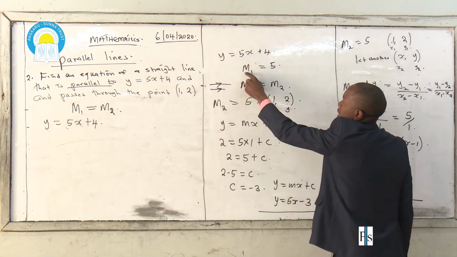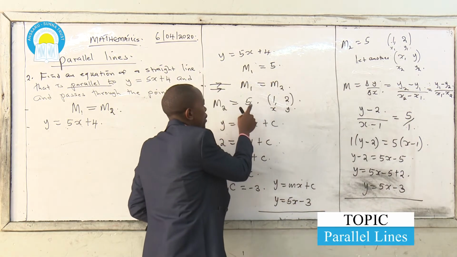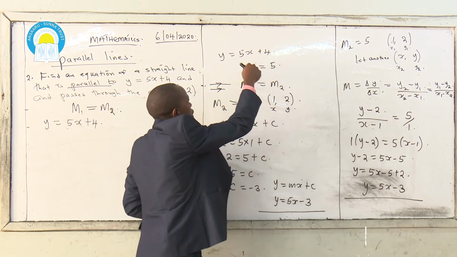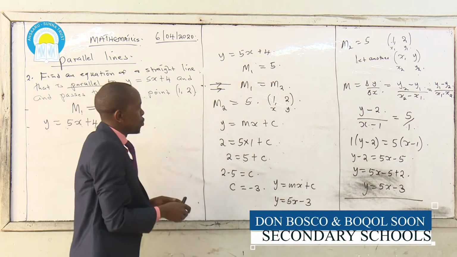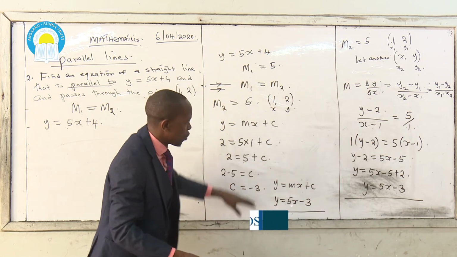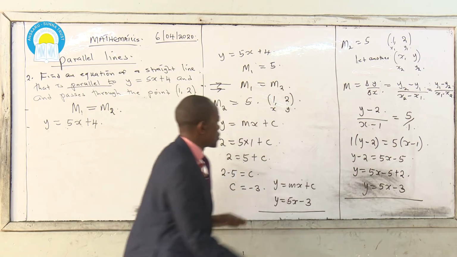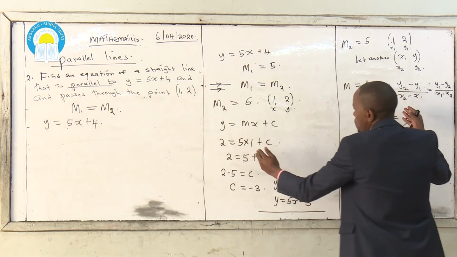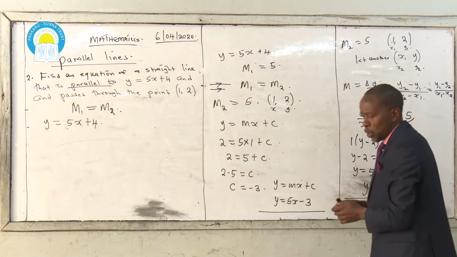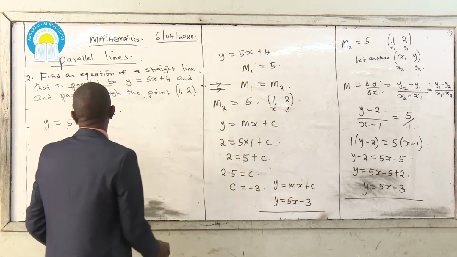Now our gradient 1 is 5. So our gradient 2 becomes positive 5 because they are parallel lines, which have the same gradient. And then you proceed to find the equation given a point and the gradient. In this case, I've given you two methods of finding the equation of a straight line once you have the gradient and the point.